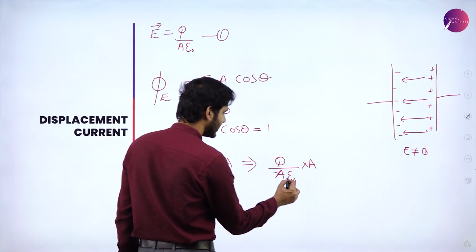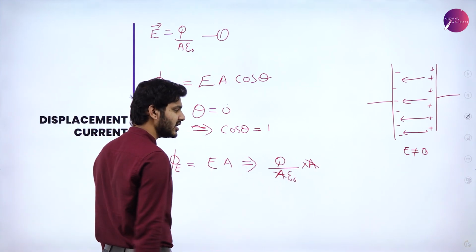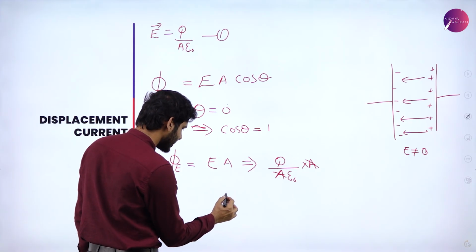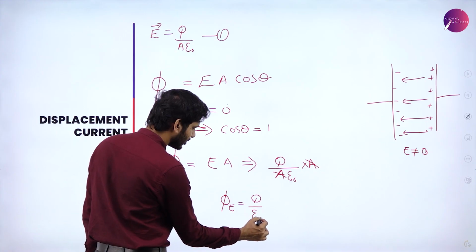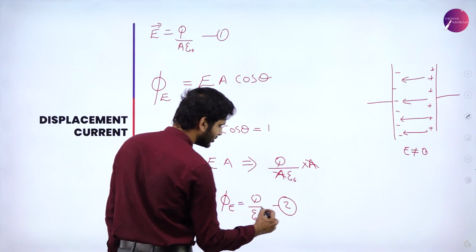There is an A here and an A here, so there will only be Q by epsilon naught. So phi E can be written down as Q by epsilon naught. Let's put it as equation number 2.